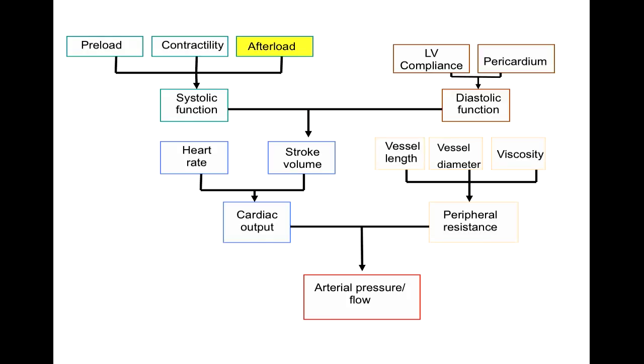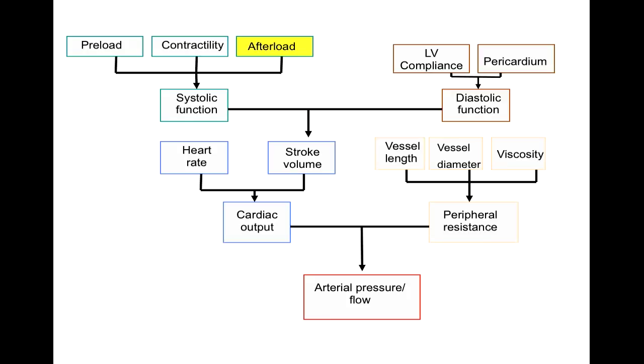Okay, let's take a second. Remember we said the cardiovascular system is a series of chambers that are interrelated. Let's take two of those chambers, the left ventricle of the heart and let's say the aorta, where the blood moves from the left ventricle into the aorta. The afterload we'd be looking at would basically be the pressure in the aorta.